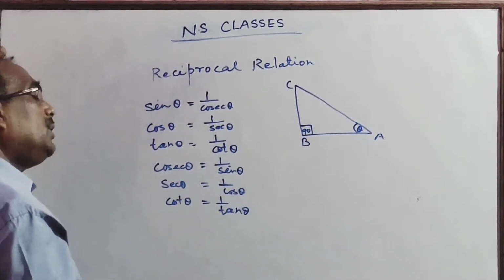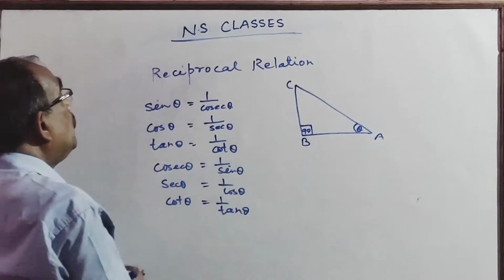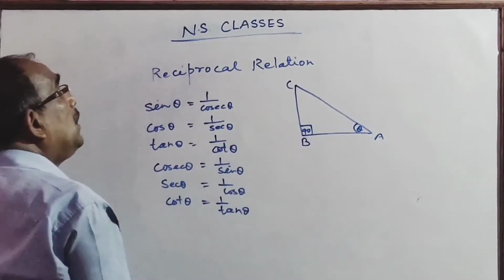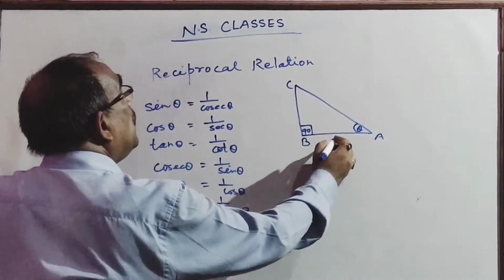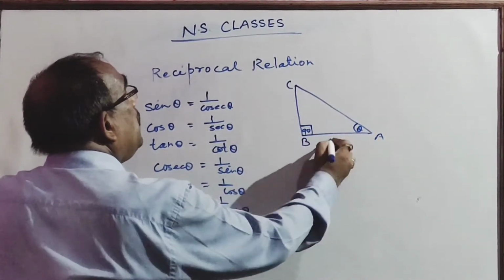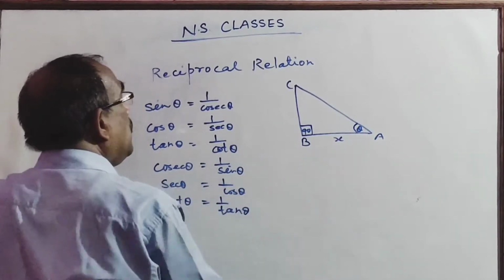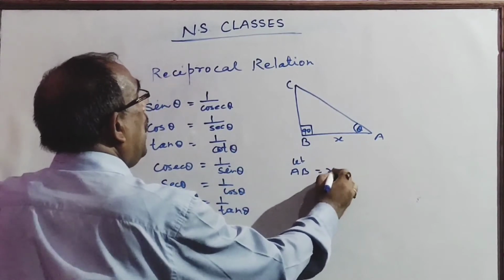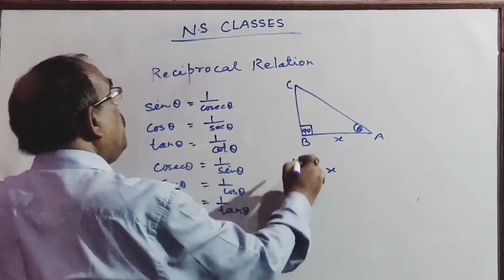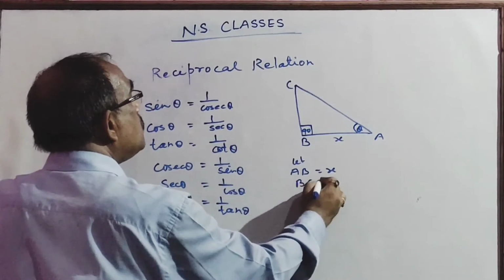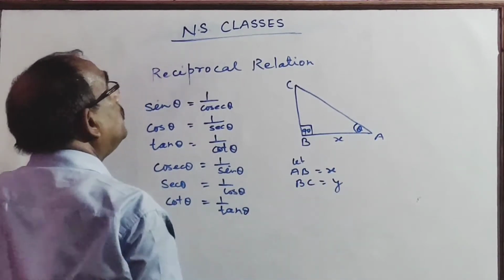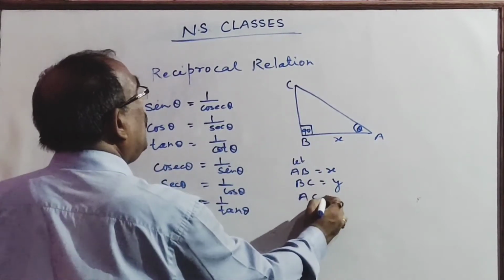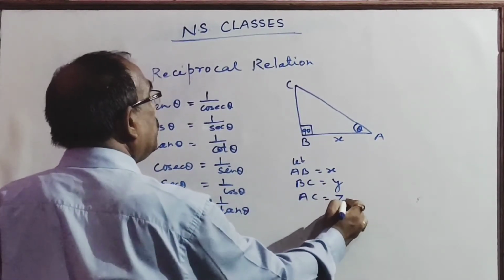Now a question comes here that how to prove all these? By a given triangle. So let us consider this one. Let AB is equal to x unit and BC is equal to y unit and AC is equal to z unit.